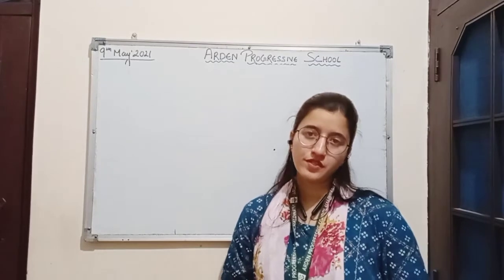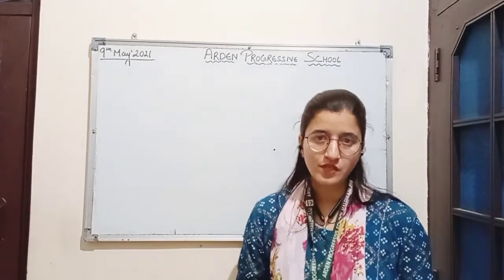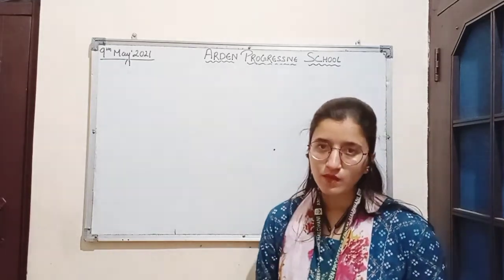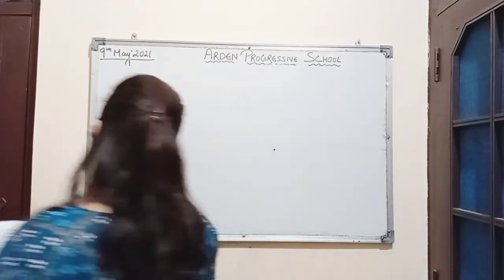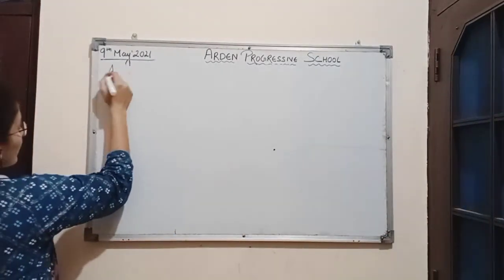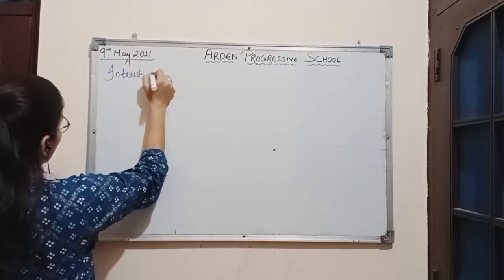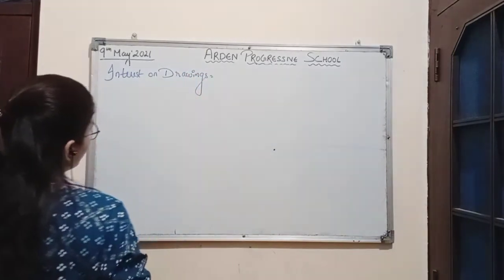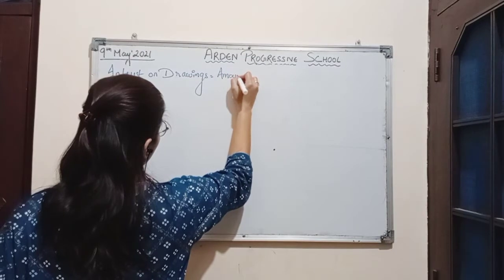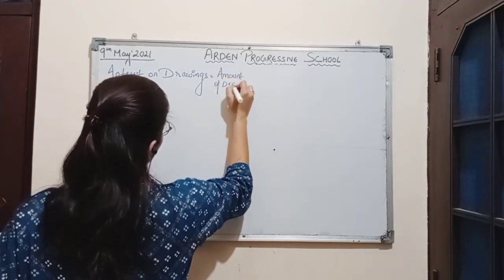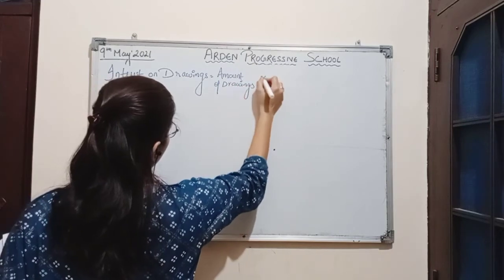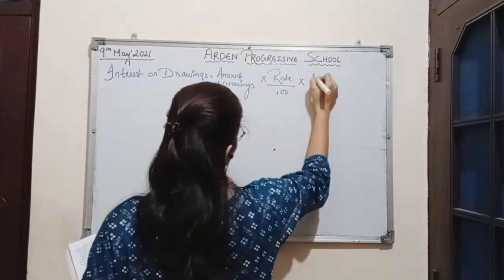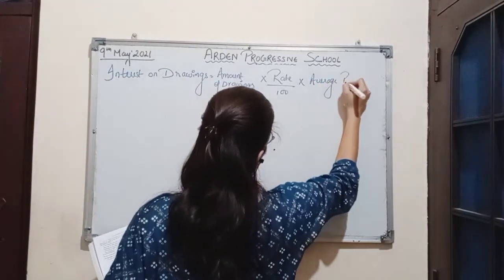As according to the question, every case is mentioned, and we have already discussed that in every case one common formula will be applied, and that common formula is interest on drawings is equal to amount of drawings multiplied by rate divided by 100 multiplied by average period.